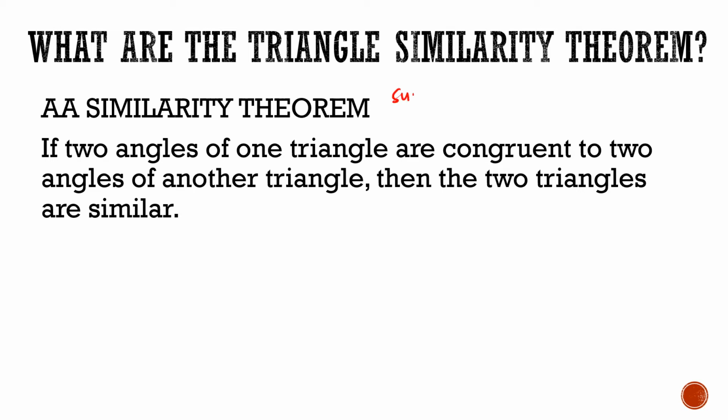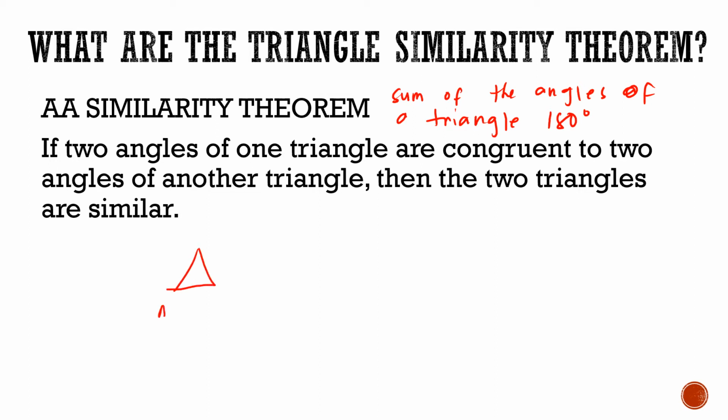Remember that the sum of the angles of a triangle is equal to 180 degrees. Now, for example, I have triangle ABC and triangle DEF.